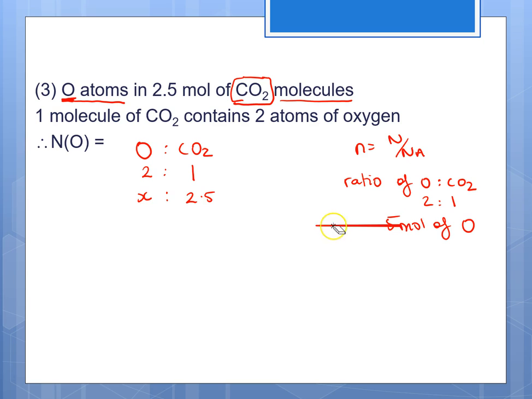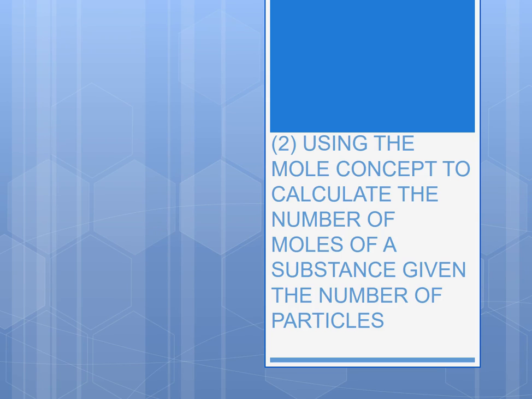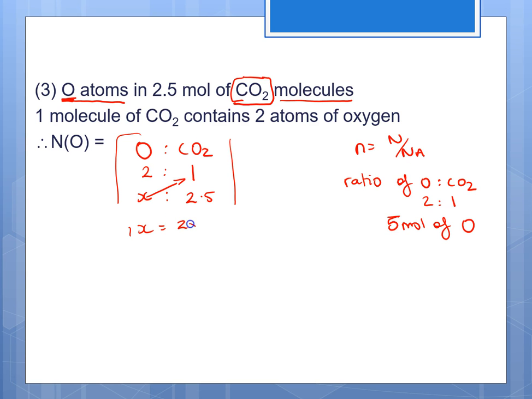Okay, so we've got our 5 mole of oxygen. Sometimes the numbers get tricky, so if you set it up in this grid-like fashion, we can then cross multiply. So 1x is equal to 2 times 2.5, and that's going to give me 5. Sorry if I keep swapping that slide there.